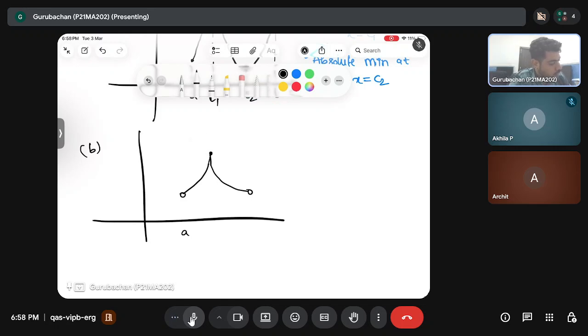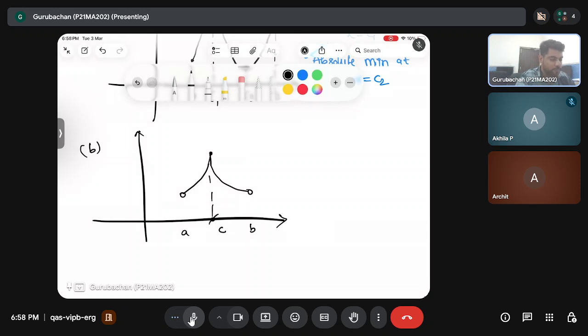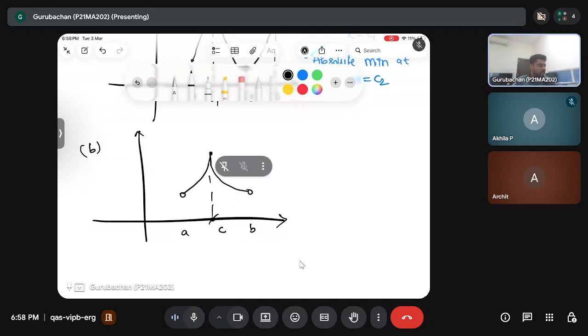This is A, this is C, this is B. What will be the case in this scenario?